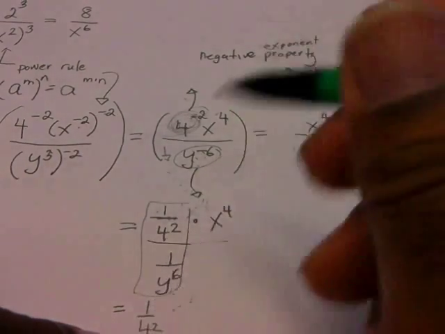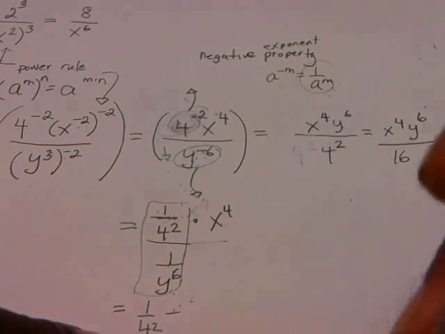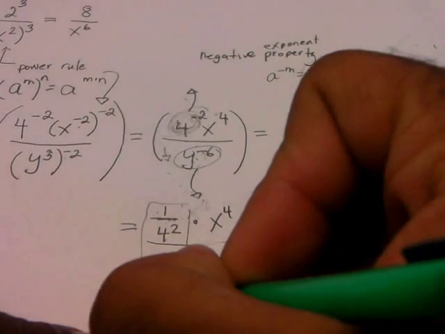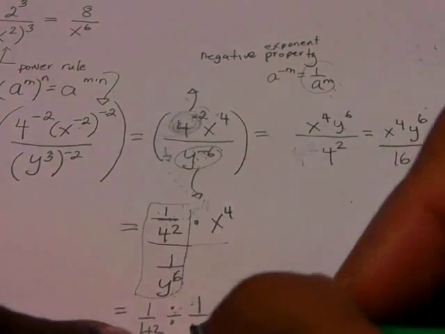So when we divide by 1 over y to the 6, that's what it really looks like.